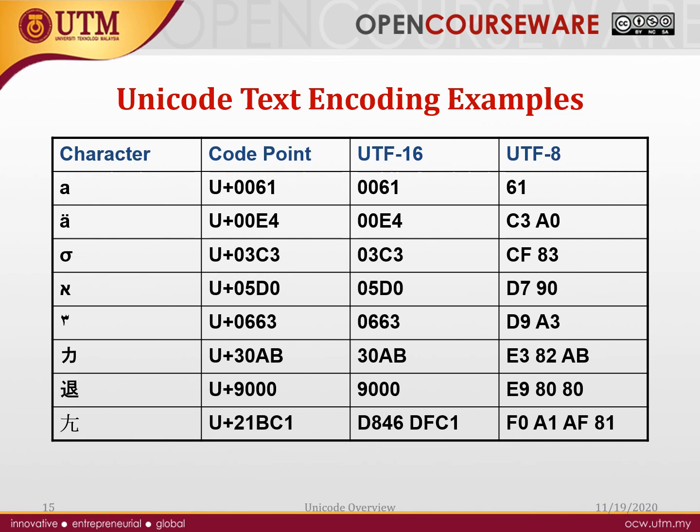For example, for the letter A, the code point is U+0061. UTF-16 is 0061, and so on. So once again, each character or letter has its own unique code point in the Unicode character set.